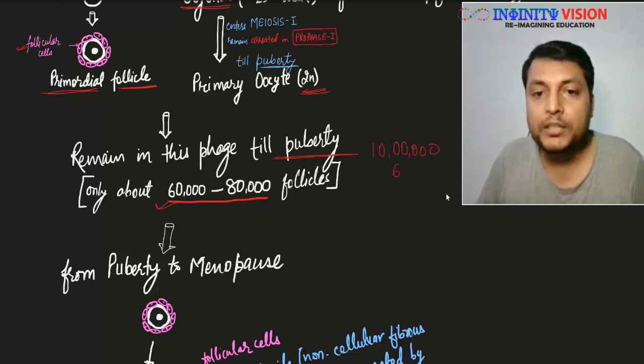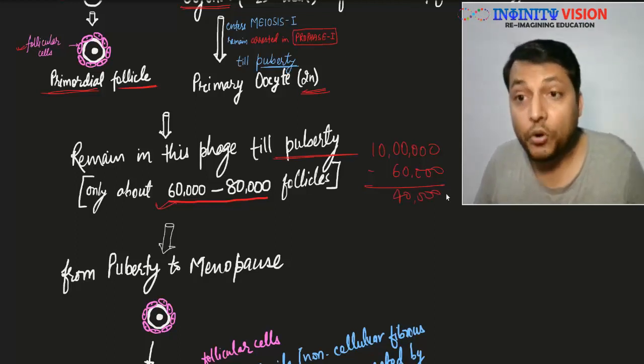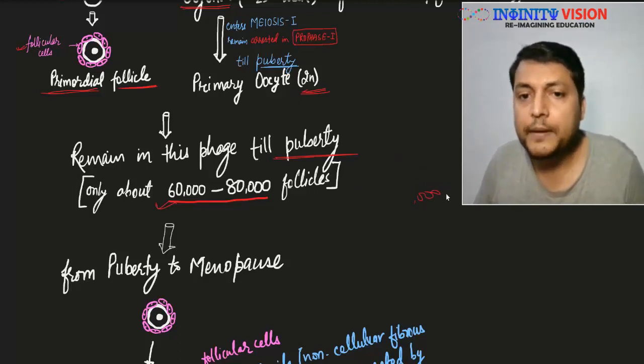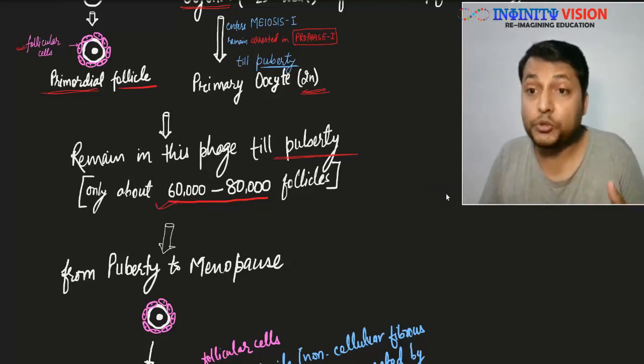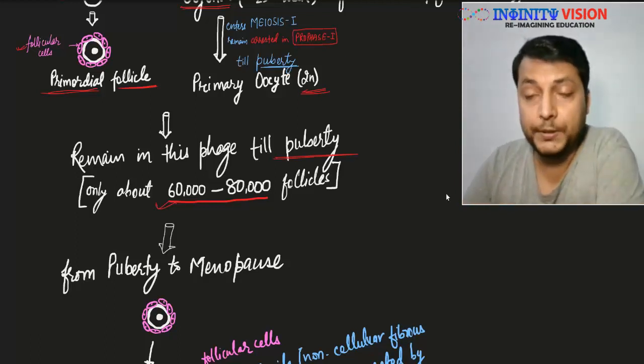Only about 60,000. Can you see? So there is a lot of loss, around 40,000. So 20 to 40,000 of these primordial follicles degenerate naturally till the female attains her puberty.